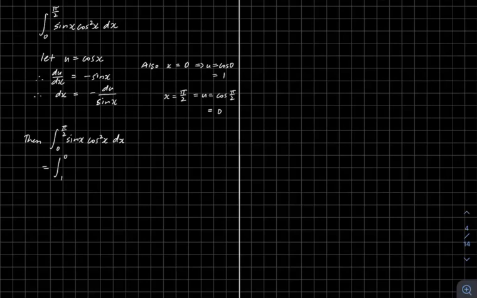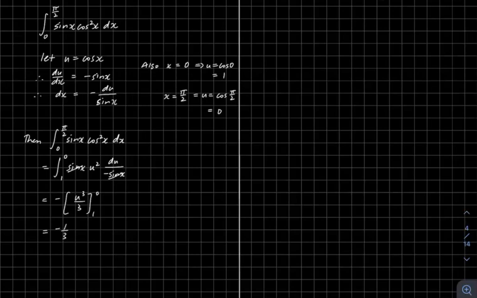So, and I know that looks a bit odd at the moment that we're going from 1 to 0, but that should give us the right signed value here. So sine x u squared du over negative sine x. Sine x's cancel. We've got negative u cubed over 3 from 1 to 0.